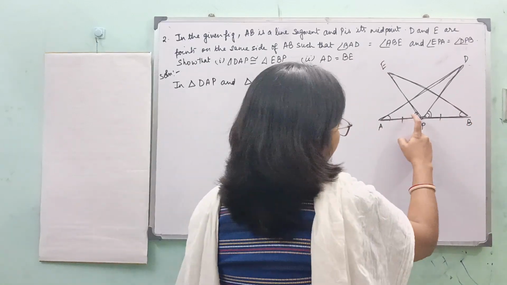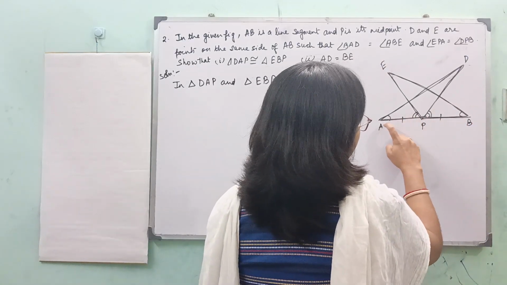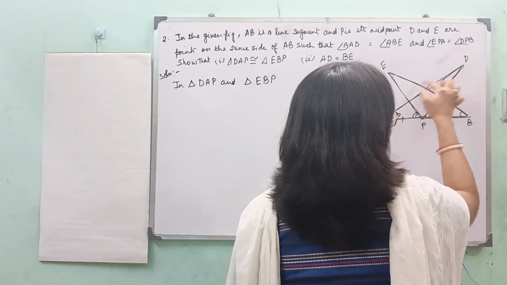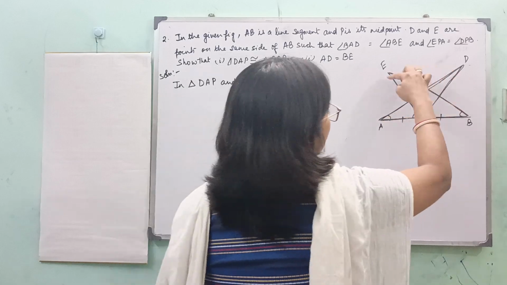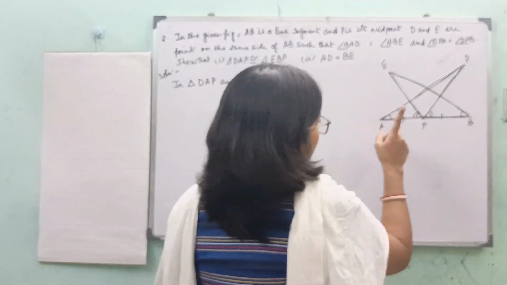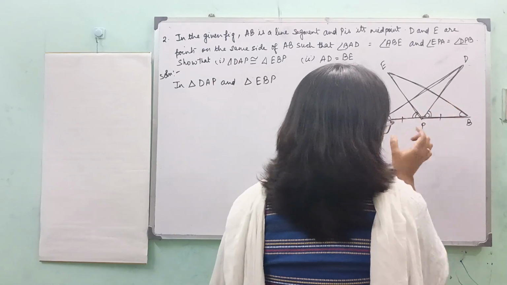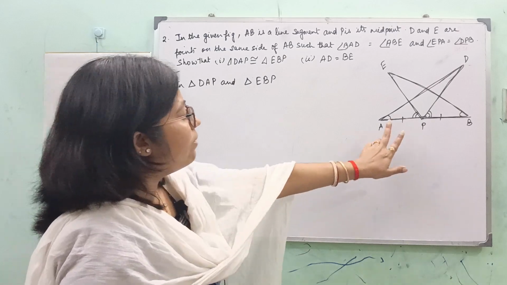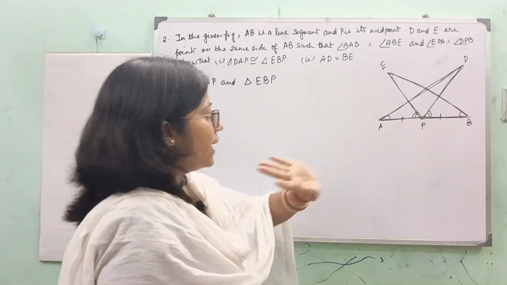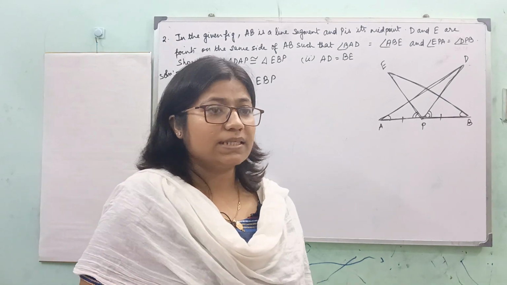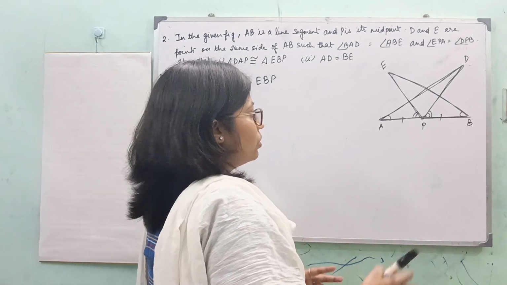Now these two angles, that is angle APE and BPE, are not parts of the triangles which have to be proved congruent. So you have to think about it. But AP and BP are parts of those triangles. So we have one side same and one angle same. So side and angle is given. So it can be any one of SAS or ASA or AAS. Let's see what it is.